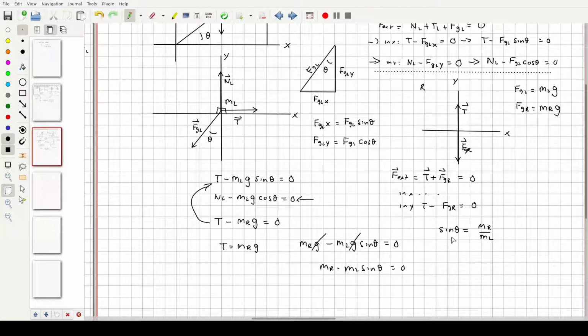Now what we're going to do is to take the inverse sine of both sides. When you do that, you can get the angle from that.